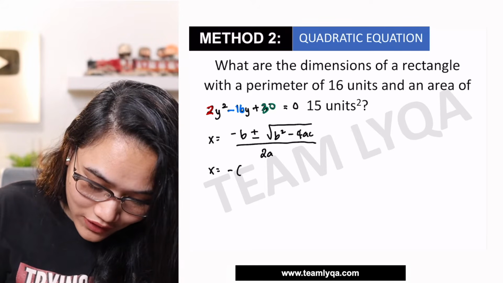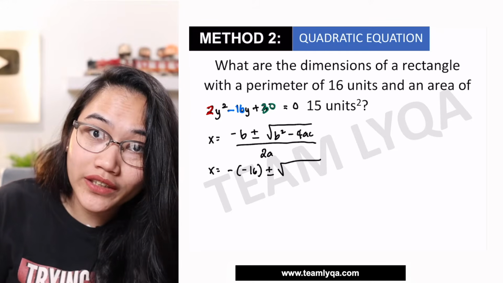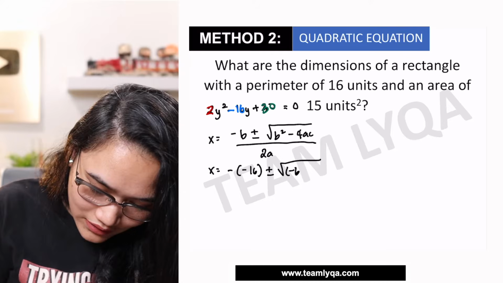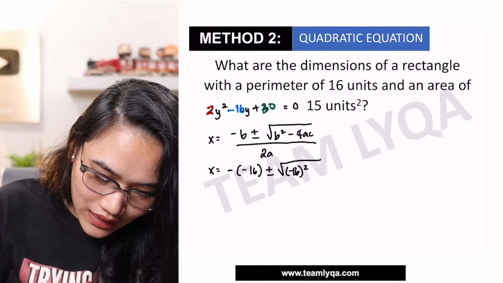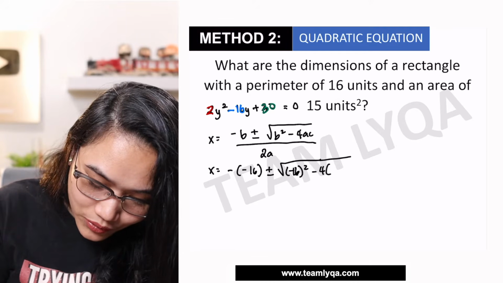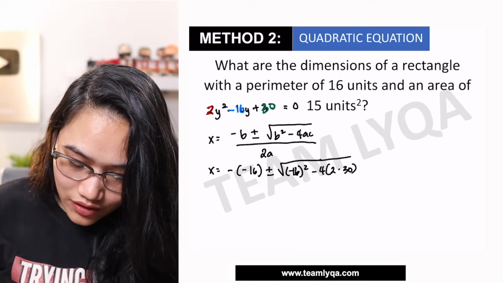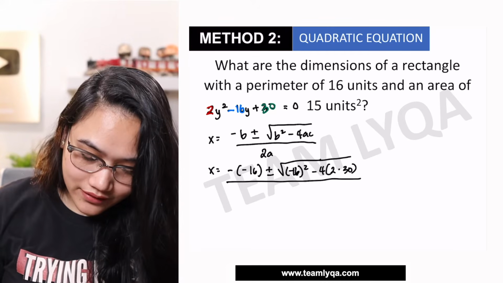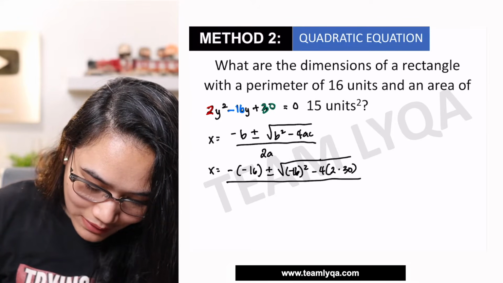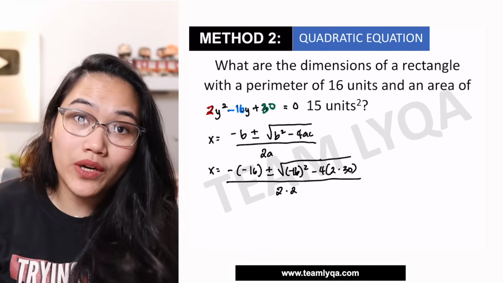So you have negative of negative 16 plus or minus the square root of b squared. So again, our b would be negative 16, then you square it. And then you have minus 4 times A. Our A is 2 times C, which is 30. All over, all of that together on top, as the numerator here. And then you have 2 times A or 2 times 2. Okay, so there, we just substituted and now we're going to solve it.